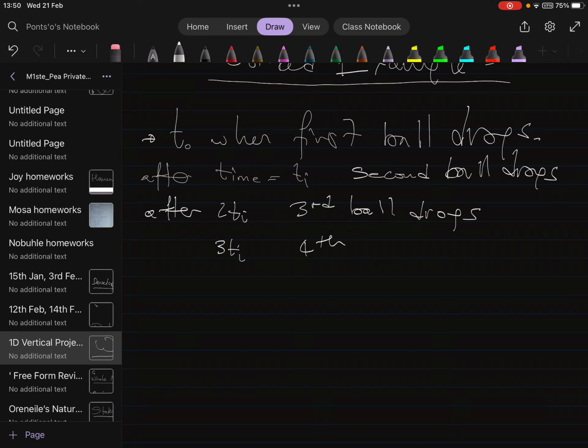So that means 3t, the fourth ball is dropped. 4t, the fifth ball is dropped. 5t, the sixth ball is dropped. 6t, the seventh ball is dropped.